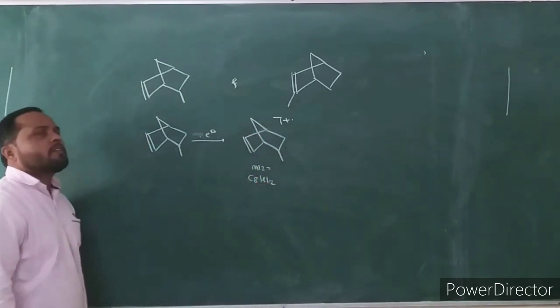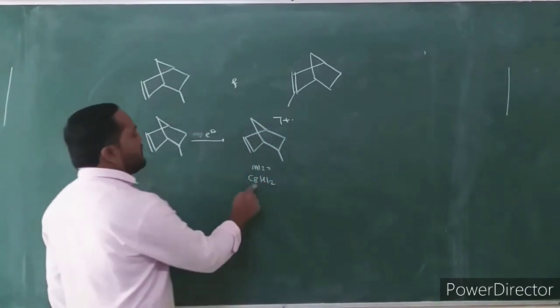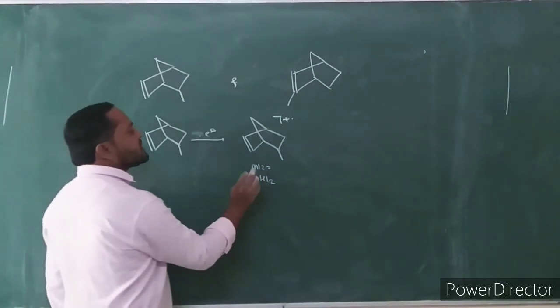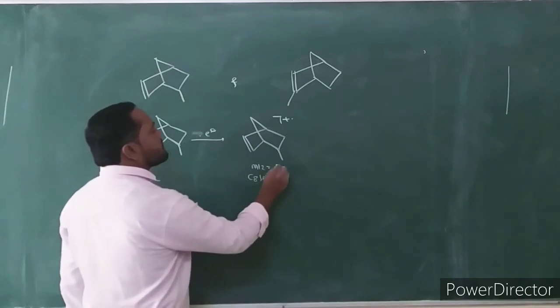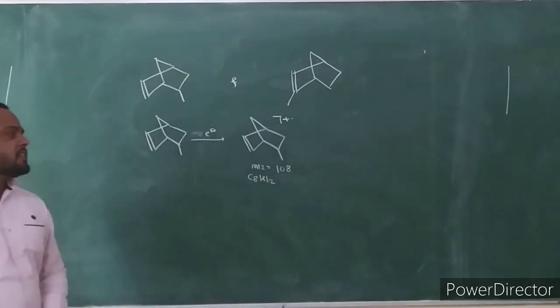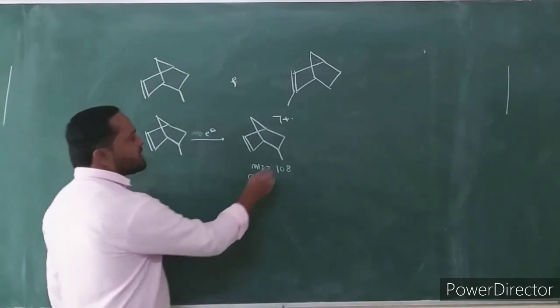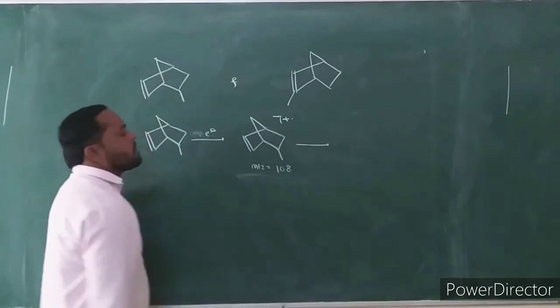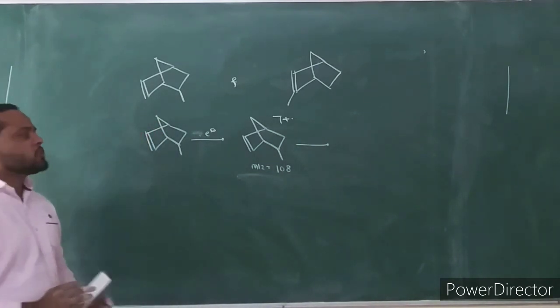The total number of hydrogens is 12. 8 into 12 is 96, 96 plus 12 is 108. The molecular ion for this compound is formed at mass to charge ratio 108.